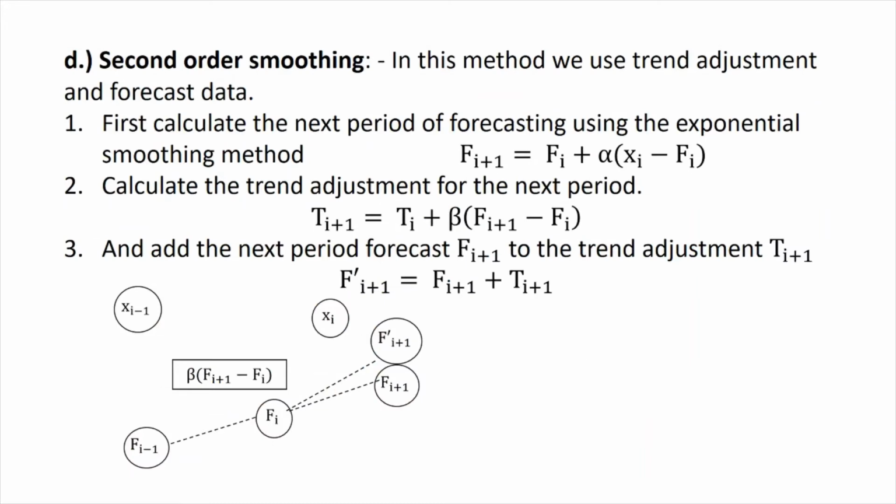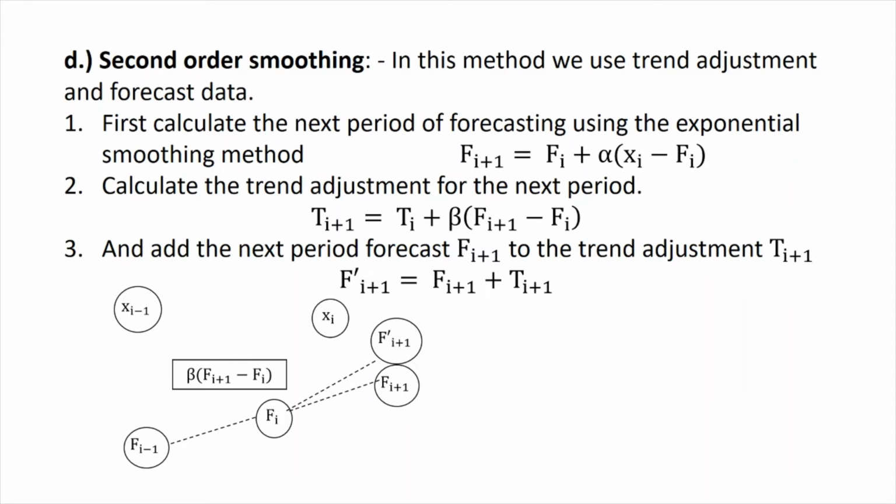Next is the second order smoothing method. In this method we use trend adjustment, and this is also a more accurate forecasting method than the exponential smoothing method. First of all, we calculate the next month forecast using exponential smoothing.